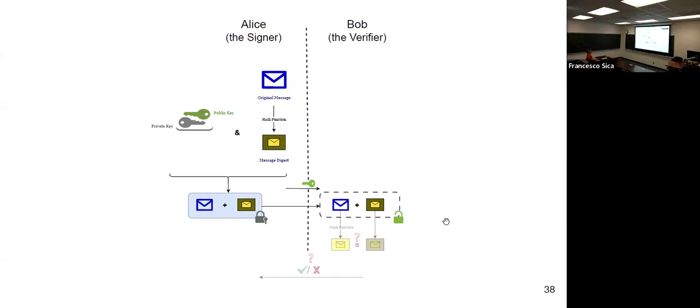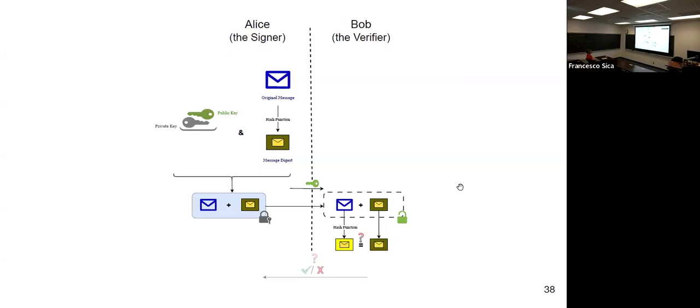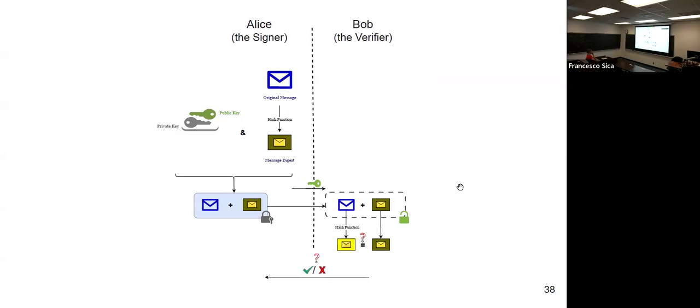But to make sure this message is completely equal to the main message, Bob is going to hash this message and then decrypt the package with the sender's public key, and after that he will compare these two to see if they are equal or not.